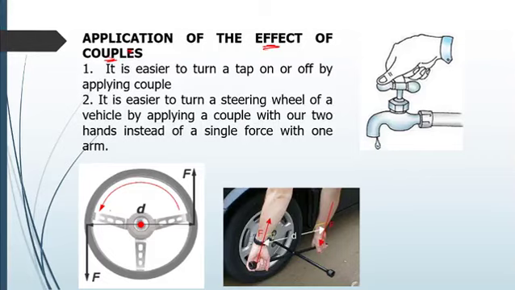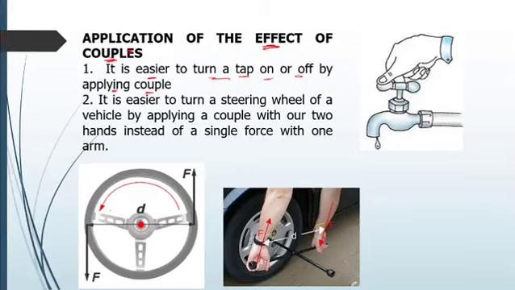The first application is that it is easier to turn a tap on or off by applying a couple. You look at this diagram very well. It is much easier to turn a tap on or off when we have a couple. It is also much easier to steer a car using the steering wheel.